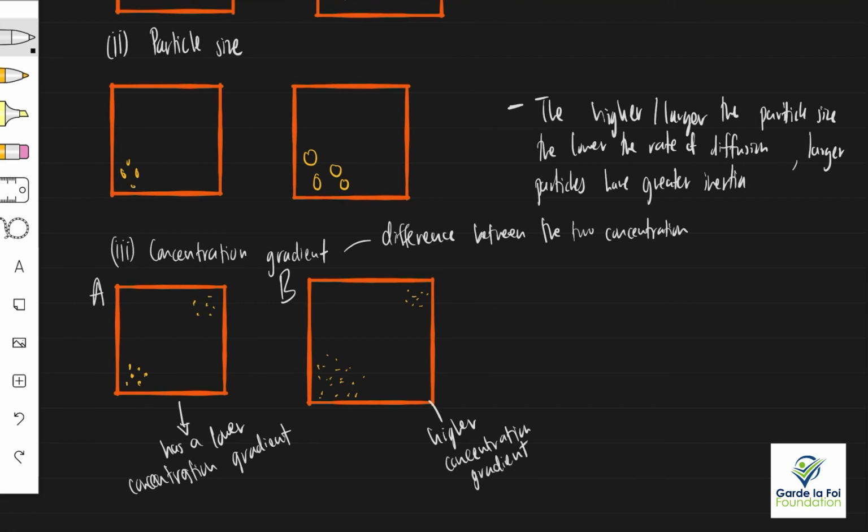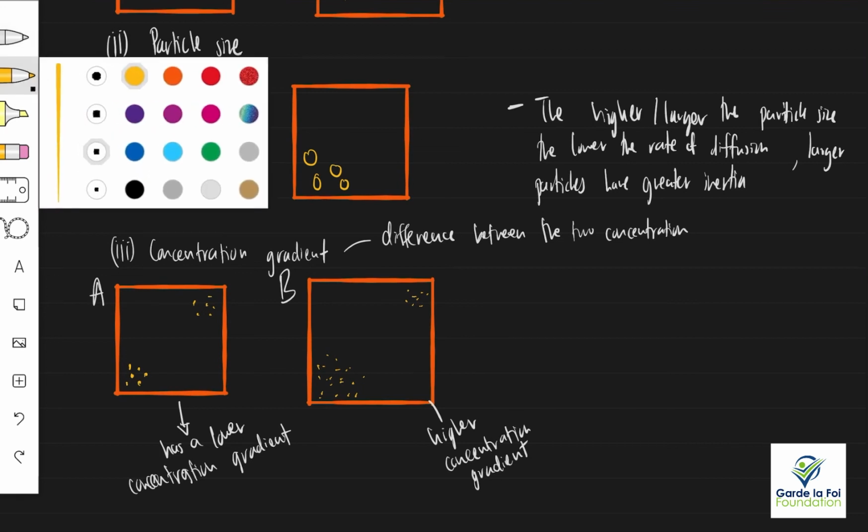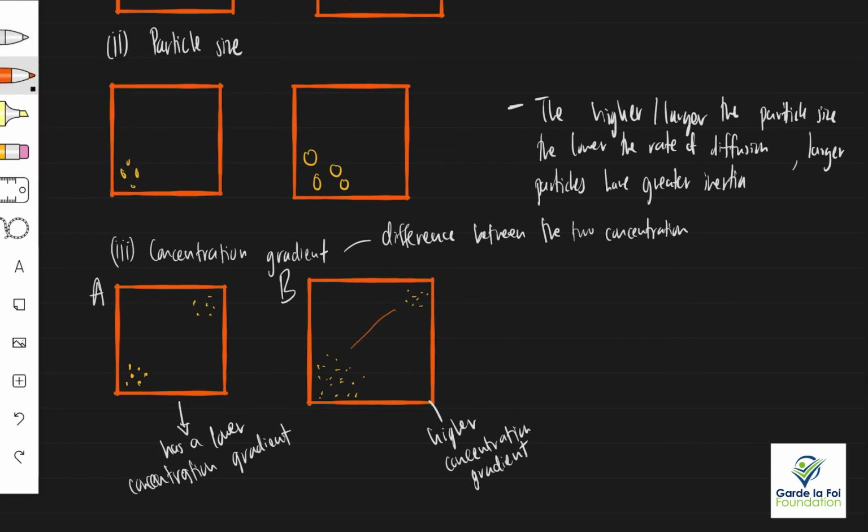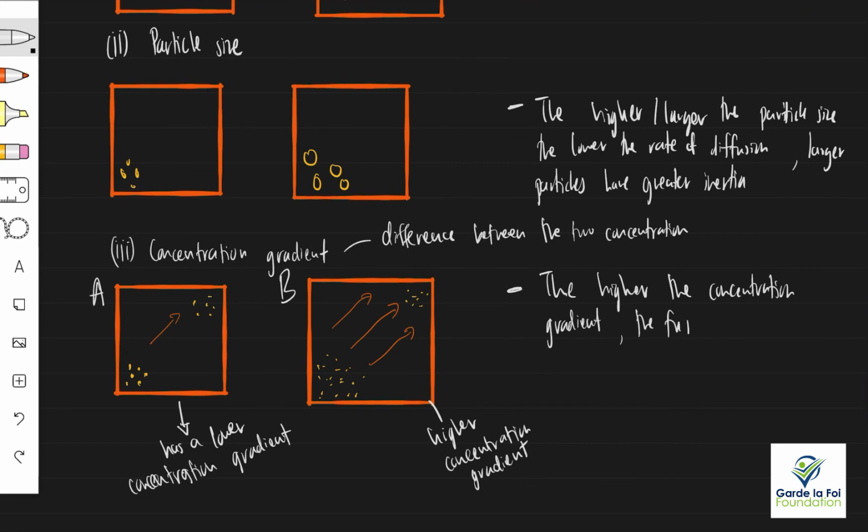Therefore, particles in B will move faster to the region of lower concentration than in A, because the higher the concentration gradient, the faster the rate of diffusion.